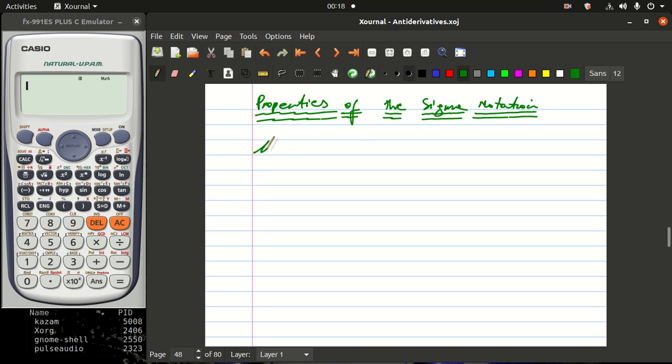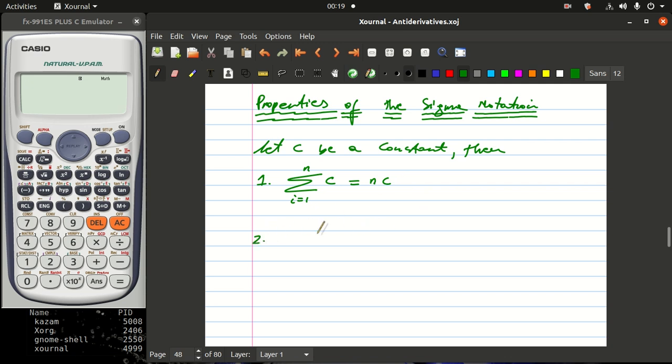So first, let C be a constant. The first property says if I take the sum running from i = 1 up to n of a constant, the answer is the same as just taking n and multiplying it by the constant.